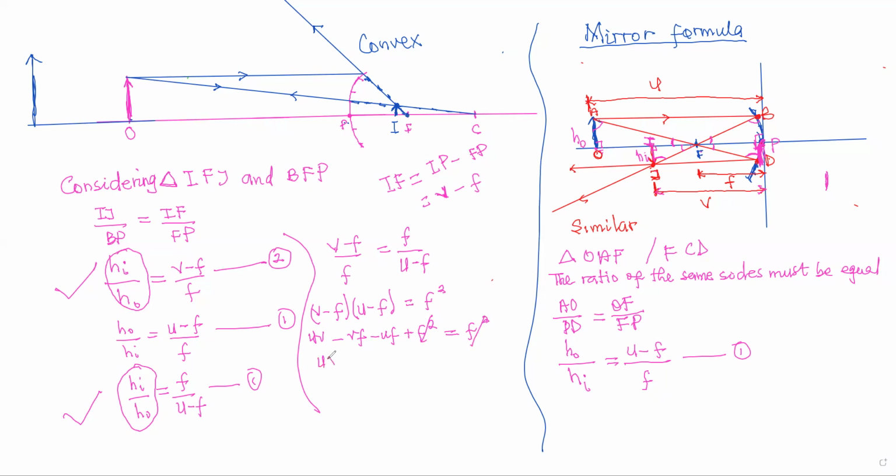So we have UV equal to, when all the negatives cross the equal sign, VF plus UF. This must be the final thing you have. Are you all getting this? If you get this, tell me so we continue.